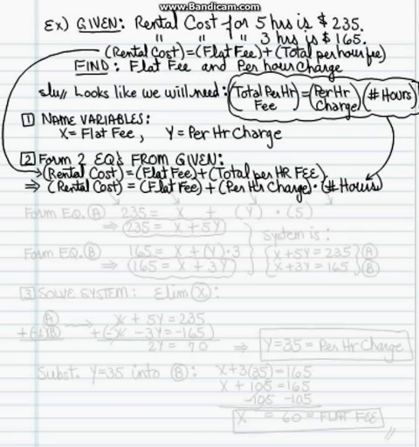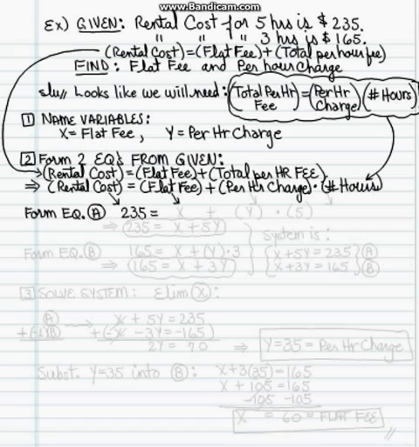Alright, I think we need to make a table for this. This one's kind of confusing. Well, no, it's not that bad actually. Now what we're going to do is form equation A. Equation A will use the total cost for 5 hours is $235. So the total rental cost is $235. Bring down the equal sign. That's equal to the flat fee.